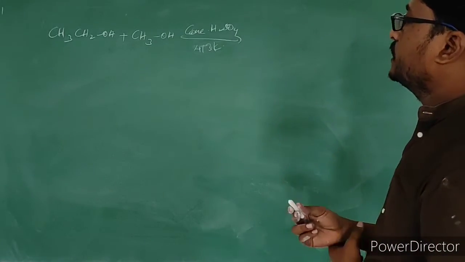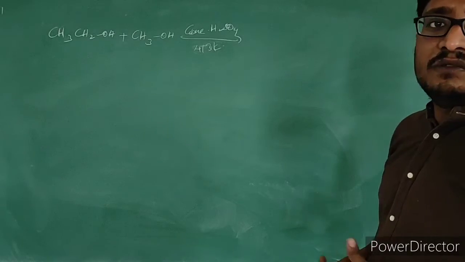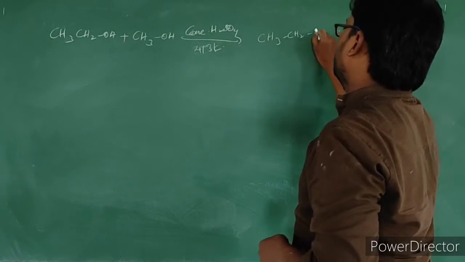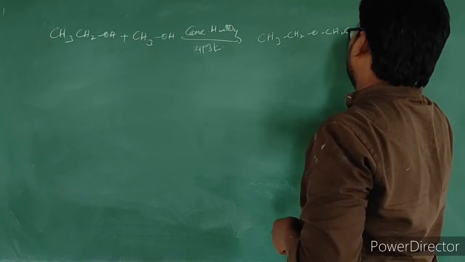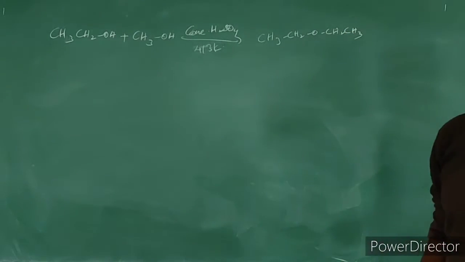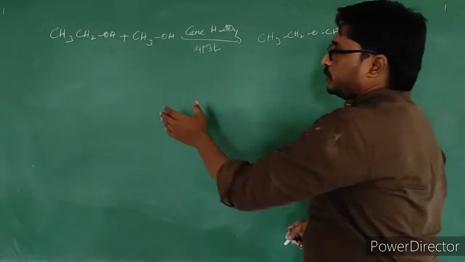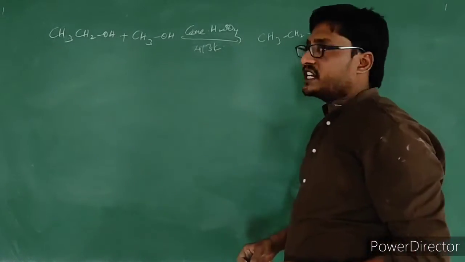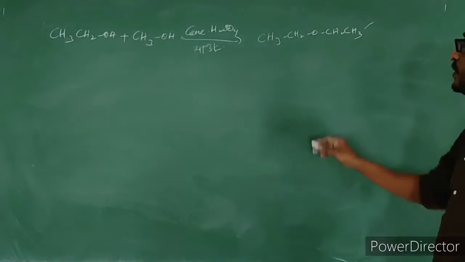So different types of ethers will get produced. They are CH3CH2OCH2CH3. This is one ether which gets produced when two ethanol molecules undergo dehydration, giving ethoxyethane.